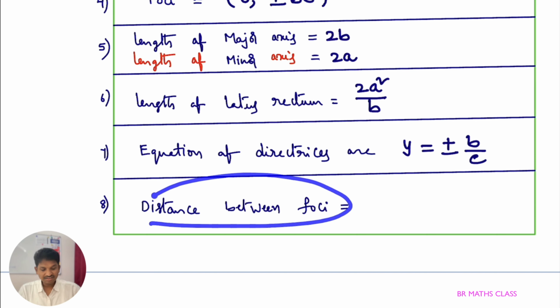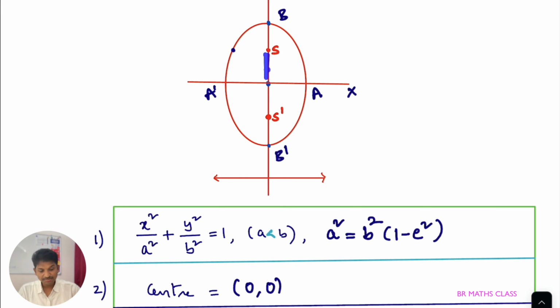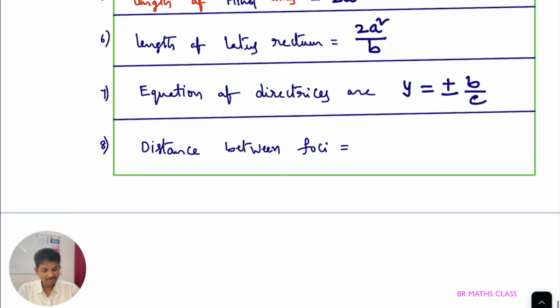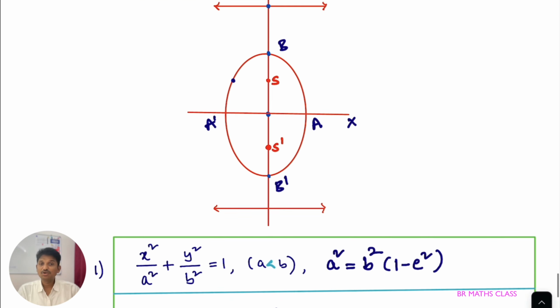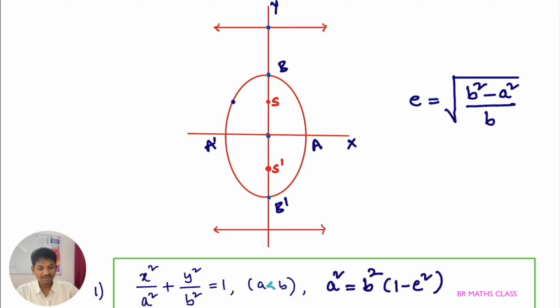Next, the distance between foci. You see here, this point is b e. This point is b e. be plus be is 2be. So the distance between foci is 2be. Last but not the least, eccentricity. What is the eccentricity formula? Eccentricity is denoted by e. e is equal to root over b square minus a square divided by b square.